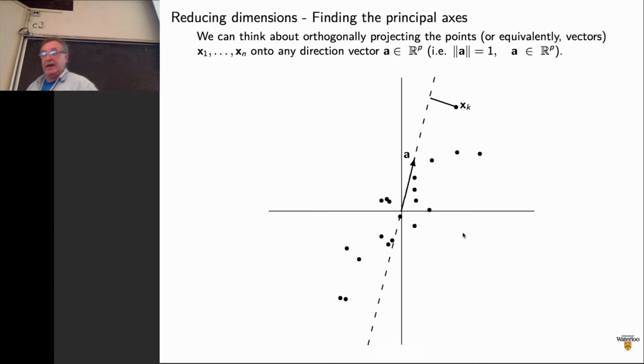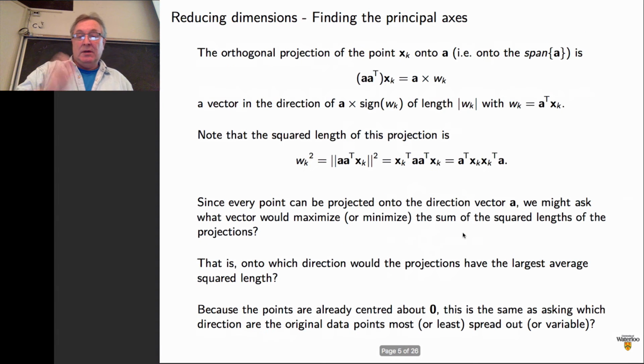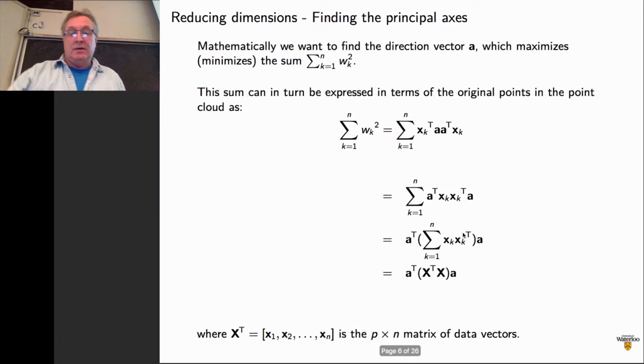So we'd like to find an A that maximizes or minimizes the sum of the squared projections. So we know how to project that. And the sum of the squared projections can be expressed as this quadratic form.